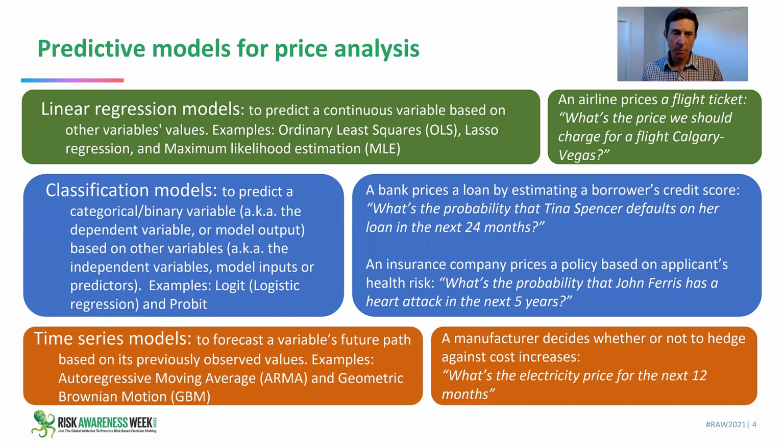In this example, a life insurance company is using this model to price their life insurance product. And to price that product and also to define the coverage, they need to assess the riskiness of the applicant.